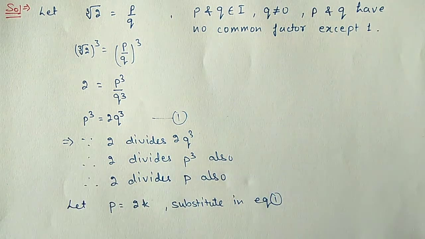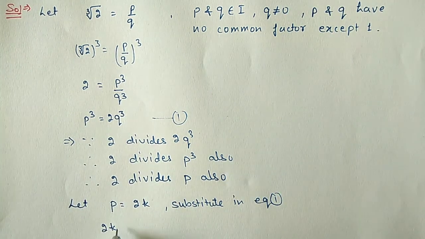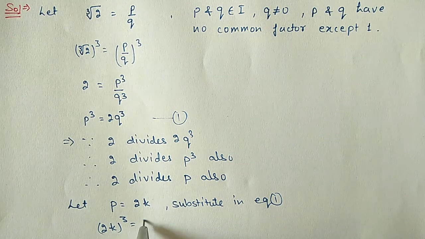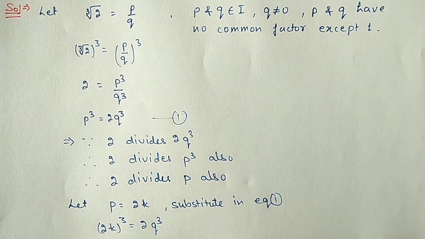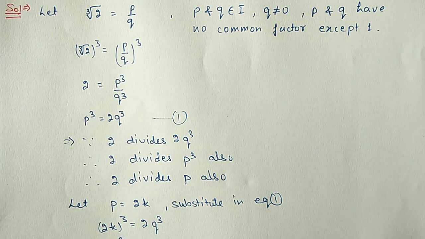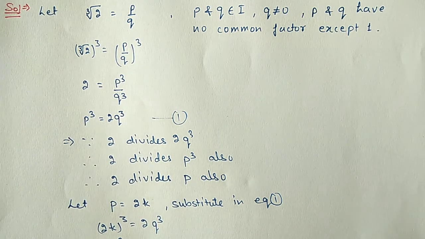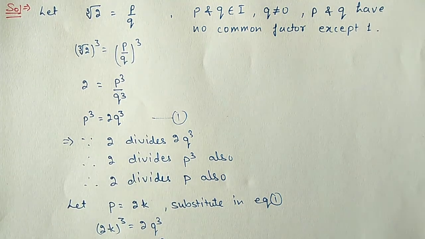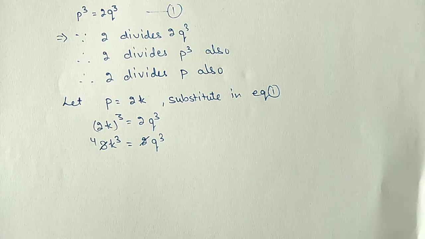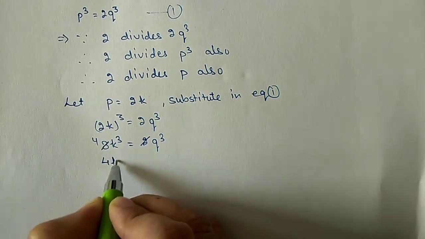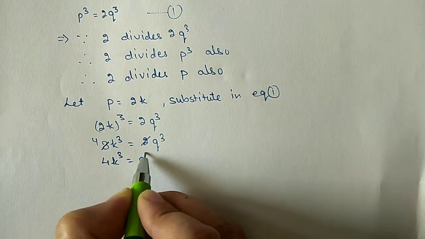When we substitute here, we will get (2k) whole cube is equal to 2q cube. So after cube we will get 8 k cube is equal to 2q cube. So from this we can cancel, we'll get 4 k cube is equal to q cube.